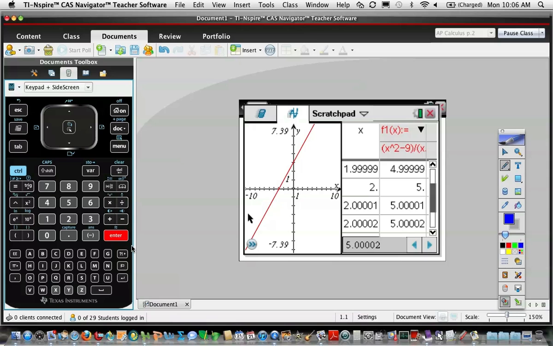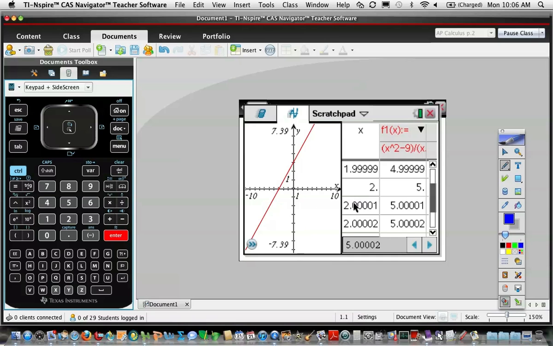Now, again, if my directions say show a table, show a graph, you can graph it and just show the graph, I suppose, but it better be a really neatly drawn graph with the y values very specifically stated so we can see that it's approaching a certain number. The table, a lot of times, is easier to do. The numbers are right there, just jot them down.